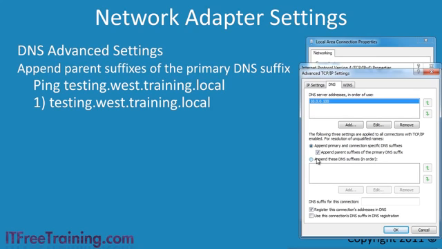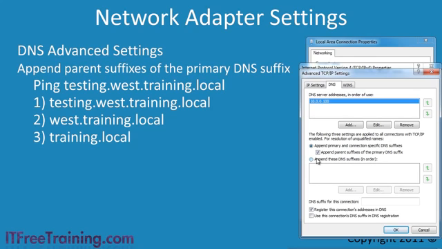If this fails, it will drop the leftmost part of the DNS name, in this case testing, and try again. If it fails again, it will drop west and try training.local. If this fails too, it will respond that the DNS name could not be found.